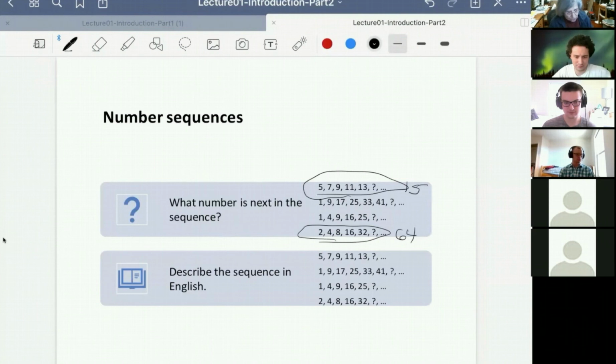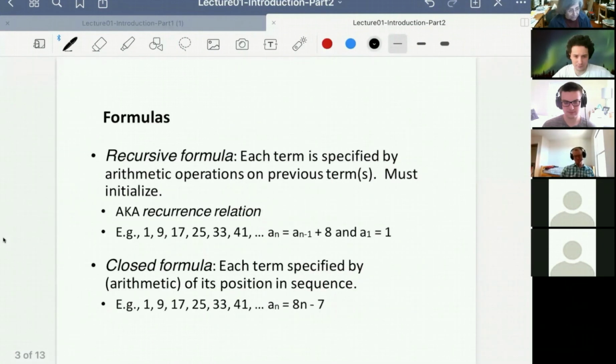Okay, so if we describe them, I guess I just described them in English already. So there you go. There are 2 ways to think of sequences, 2 formula notations. One is recursive. That's when the current element is written in terms of the previous 1 or 2 or 3 elements of the sequence.